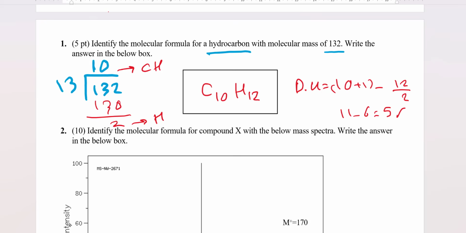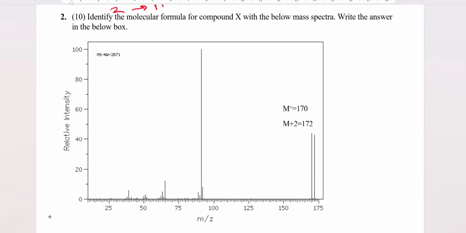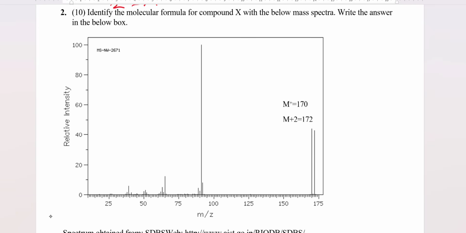Let's take a look at question 2. We would like to find the molecular formula for this compound that we have mass spectra for. The parent peak is 170 and we also have M plus 2, 172. If we take a look at the pattern, we see they are identical. Because they're identical, it means we have bromine in our compound.